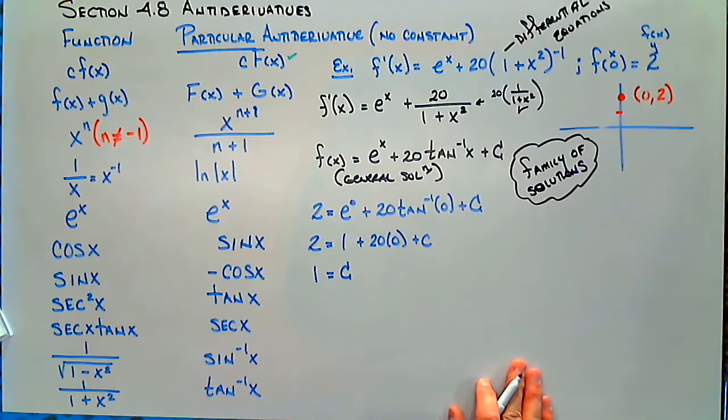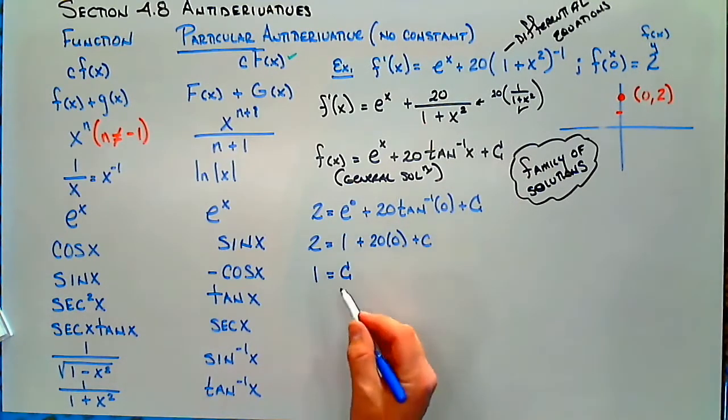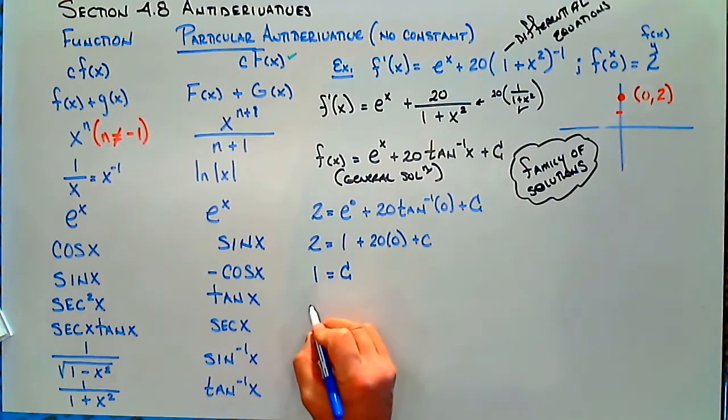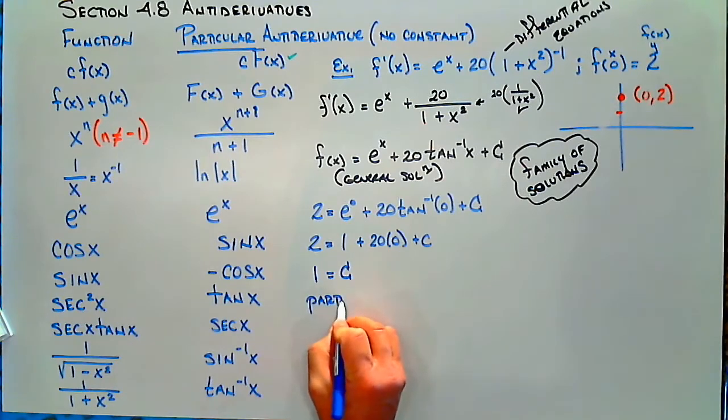So our solution, right? I'm taking a look at this for a second. I just don't feel good about this. Why do I not feel good about this? Oh, it's perfect. All right. So c is equal to 1. So what does our particular solution look like?